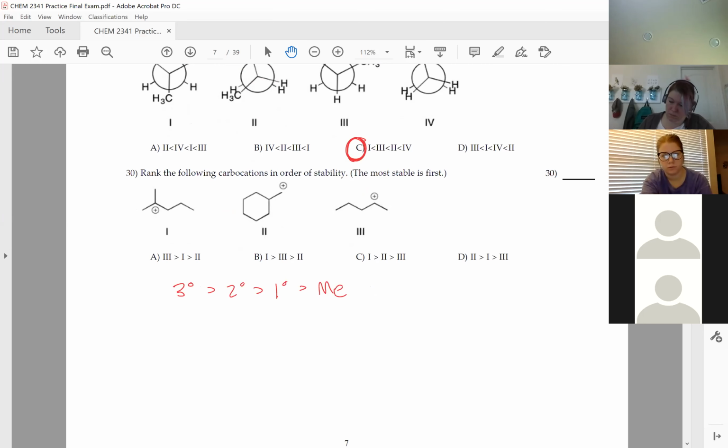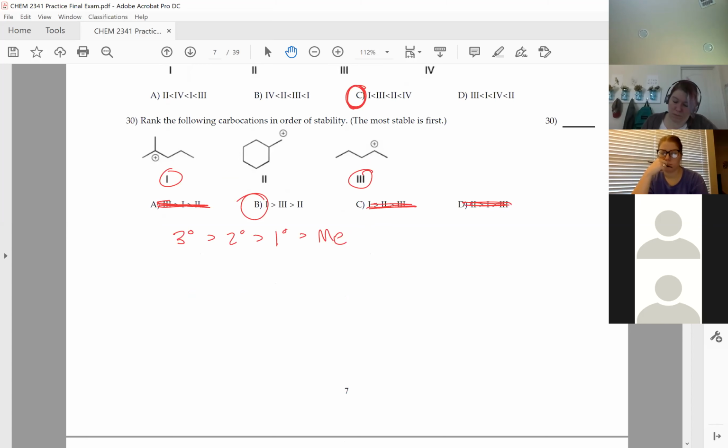So do we have a tertiary one? 1. Right, number 1 is first, so we can cross out option A and option D. And then what comes next? 3. So a lot of these can just be done by the process of elimination.